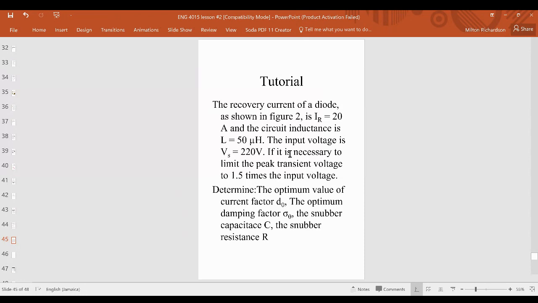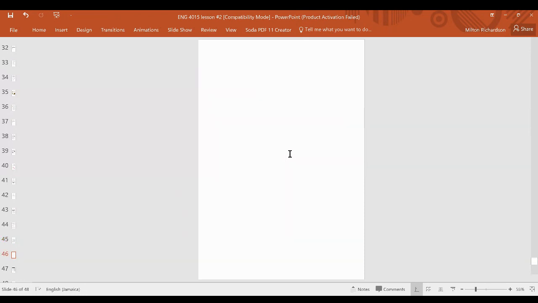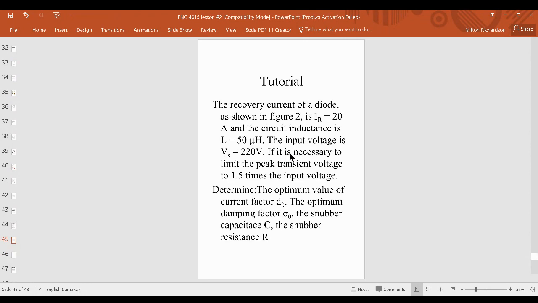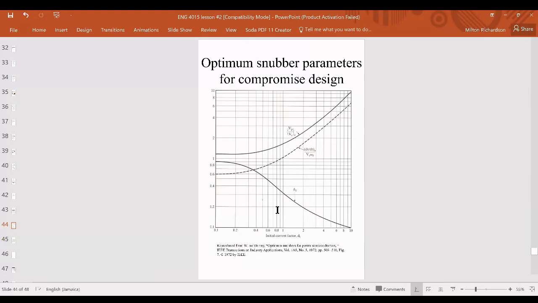All right, so the first question, it asks us to determine the optimum current factor here. Let me just write down the expressions.